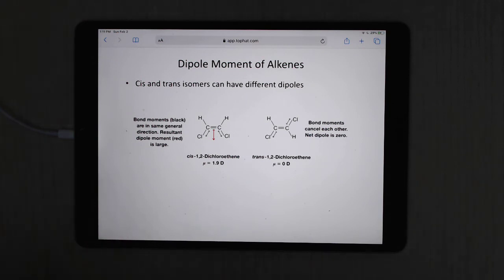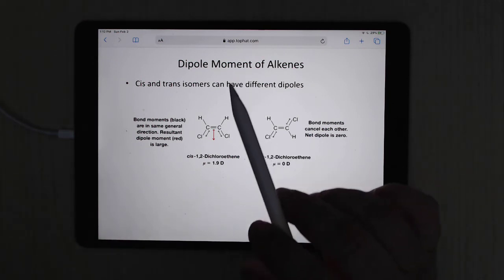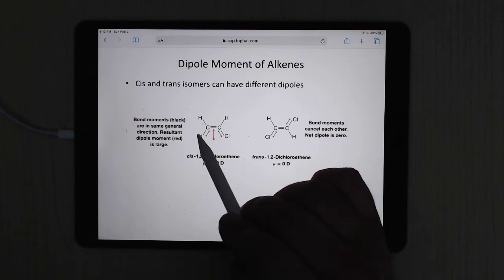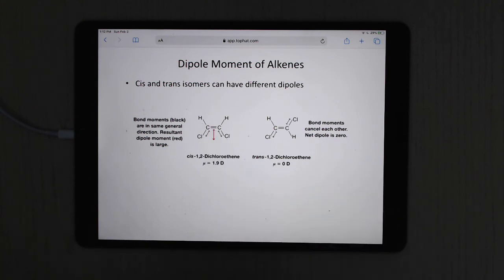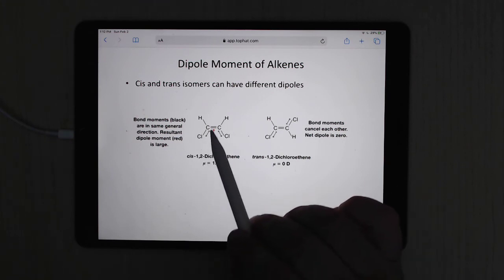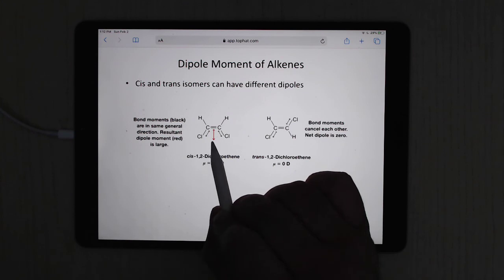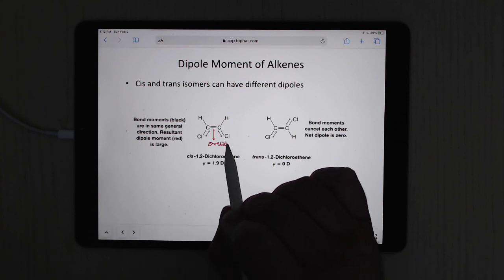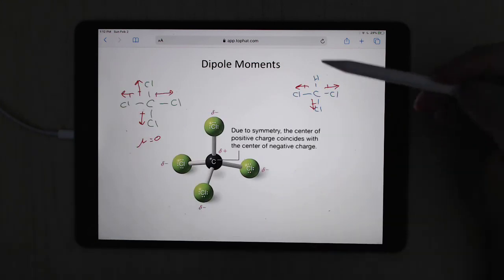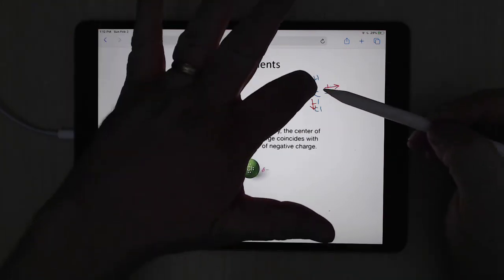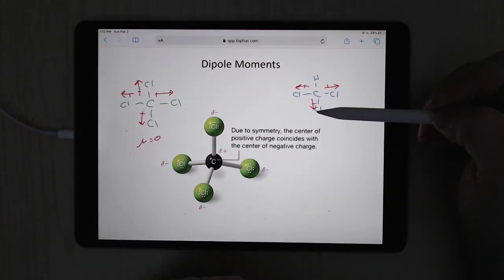Okay, and so cis and trans isomers also can have a dipole. If it's a cis, they're both going to be pointing down, and to determine the dipole, what you're doing is you're going halfway in between the arrows, so you're sort of averaging them together. So this would be the overall dipole here. Oh, so I should have said, what you're looking at for here is these two cancel each other out, but you've got this one that doesn't.